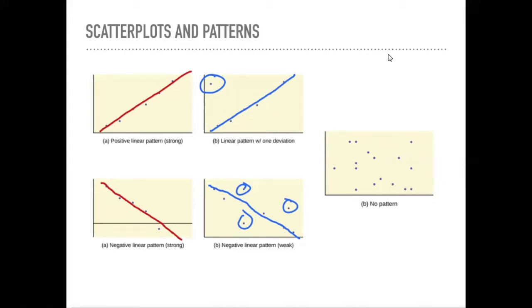Now, with this one off to the right side over here, we could try to draw a line like this, but then we're missing quite a few of them. It almost looks like we could draw a line like that and hit a couple of them. But we could also draw a line like that and be really close to a couple of them. So we're not really sure that there's a pattern going on here, at least not a linear pattern.